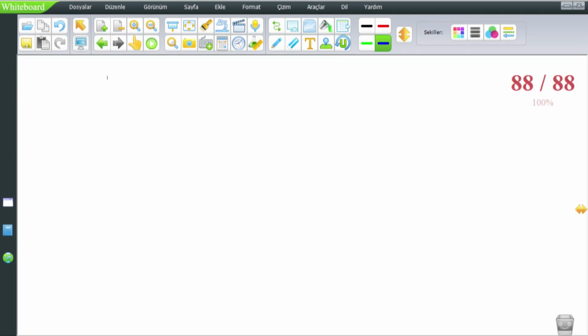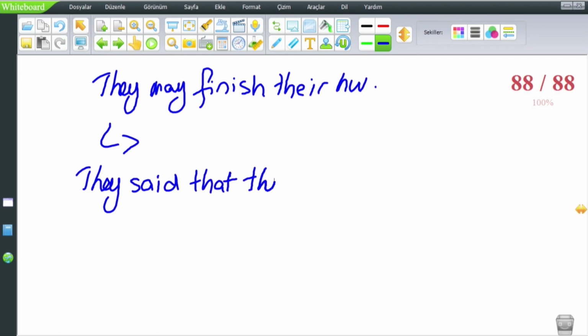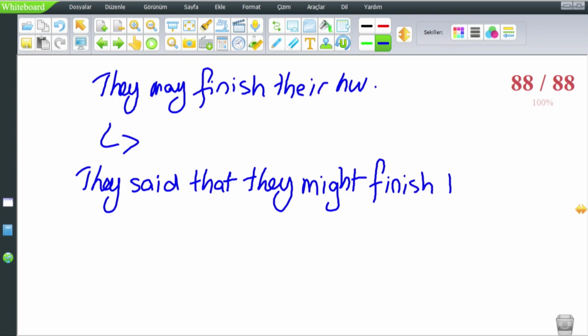They may finish their homework. This is a tricky one. They said that they might finish their homework.